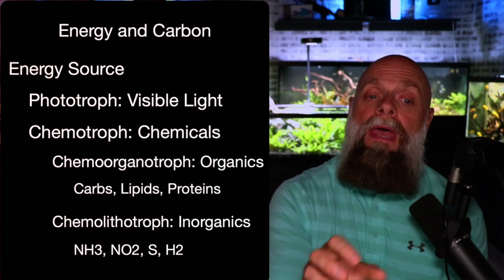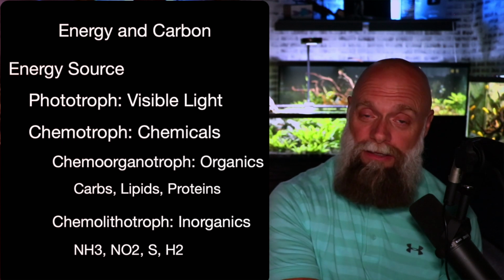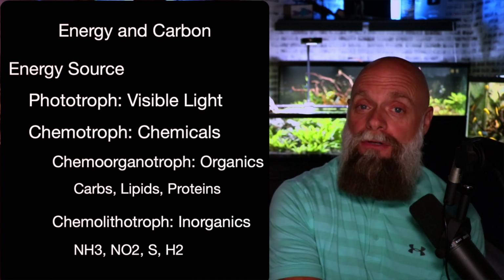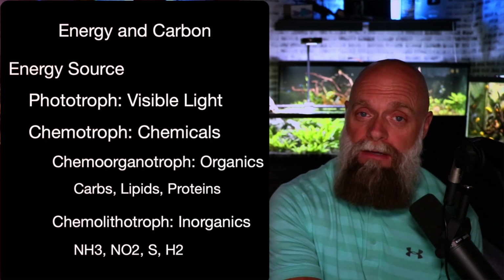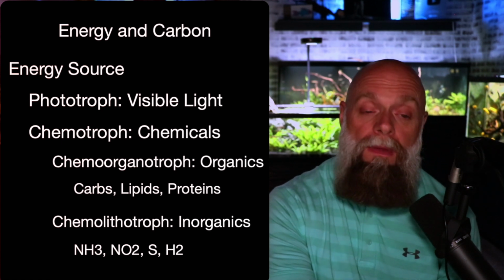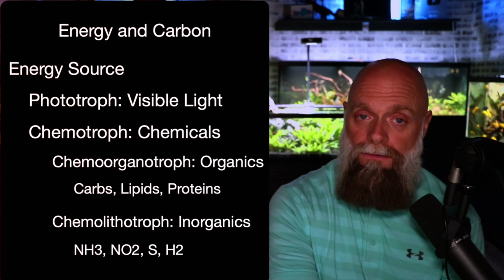Troph means to eat. Now, a phototroph is not using the light as the energy source. It's using the light to release energy from other substances, something, again, that we're going to talk about in a future video. The other option is that you have an organism or a microbe that is using chemicals as a source of energy. We call those chemotrophs.